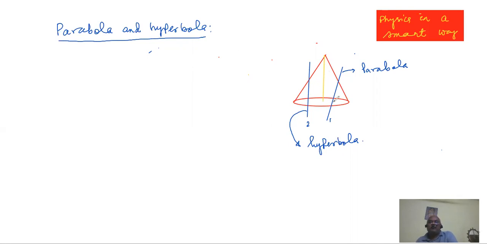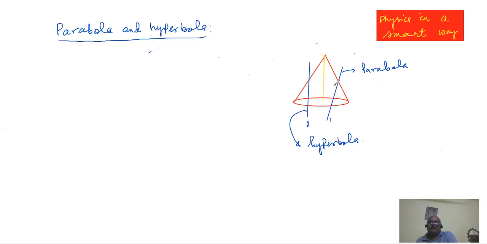We take a cone, maybe solid, maybe curve, doesn't matter. You can take a cone out of mud, you can take a cone out of wood and try to cut it by a flat section plane, a straight flat cutting plane.